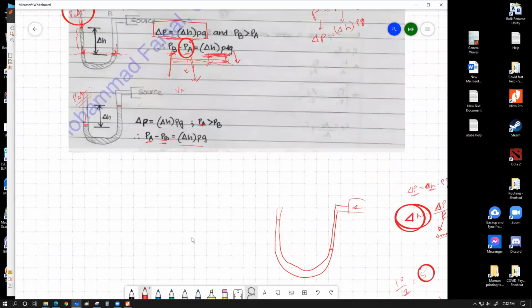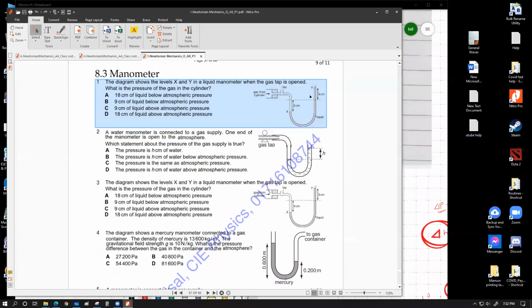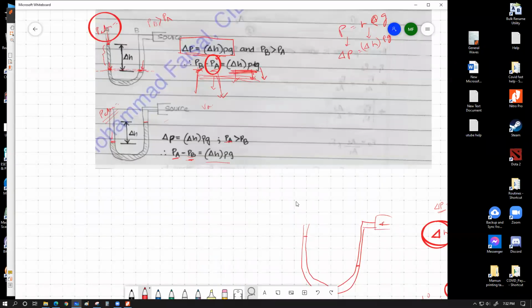Remember, delta H is the height difference between the two levels. So what is the delta H for that question? 9 or 18? 9. No. 18. Let me show you side by side. Maybe that will help.